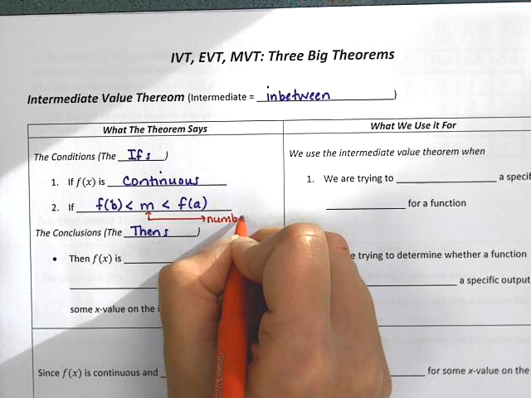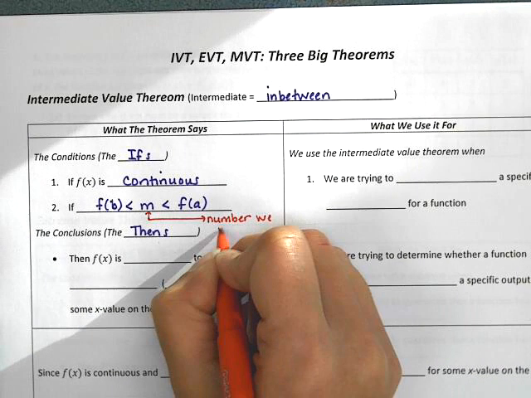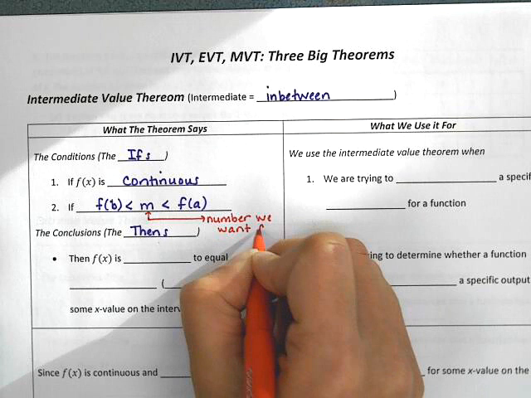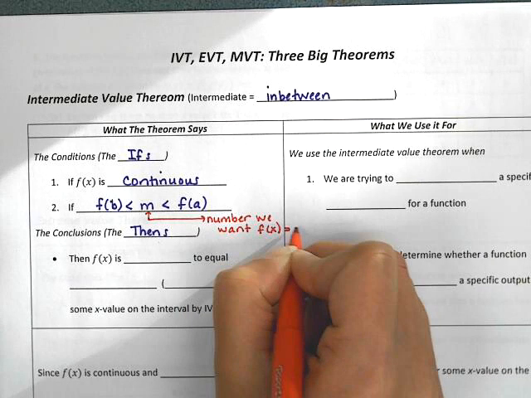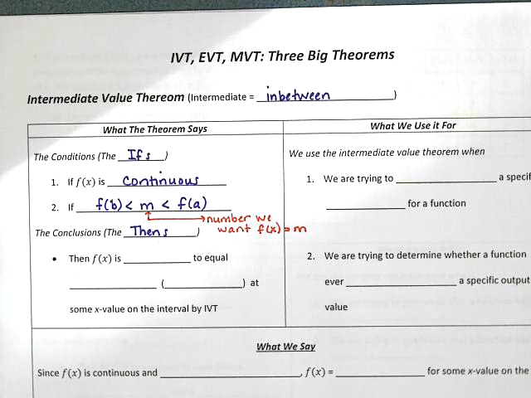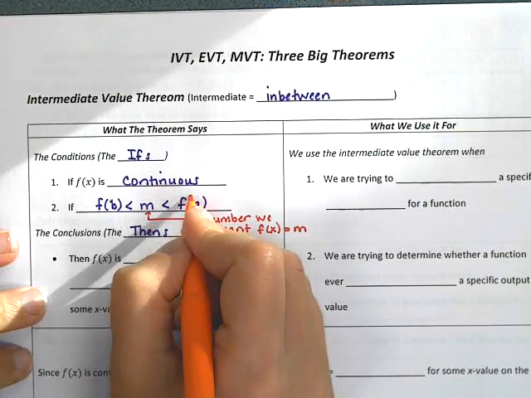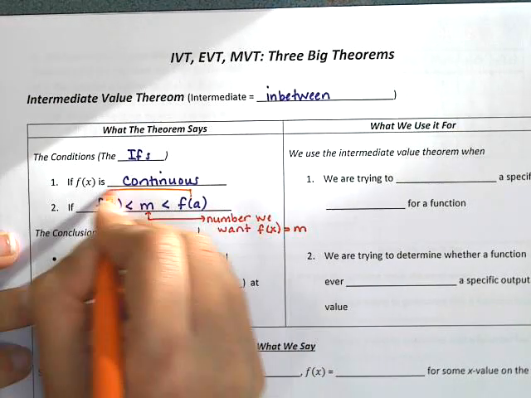So the number we want f of x to equal is in between the y values of both of these endpoints.